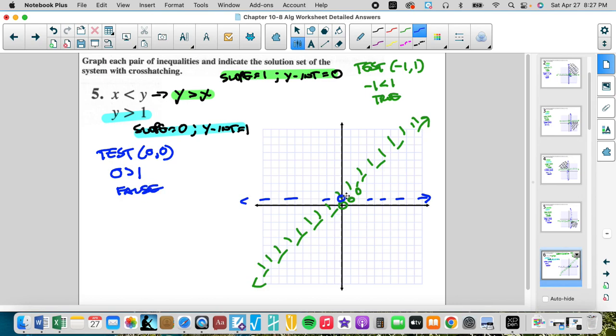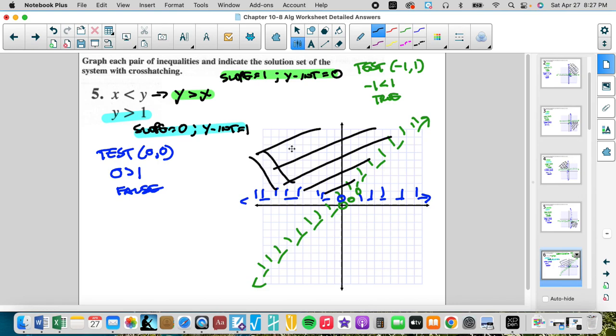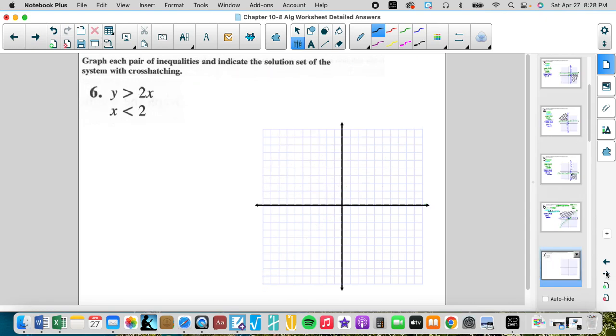Blatantly false. So 0 from this perspective is down here. That's false, so I'm going to shade up away from my point. And now, where is it true, true? Up in this area. Okay, that's the true, true.